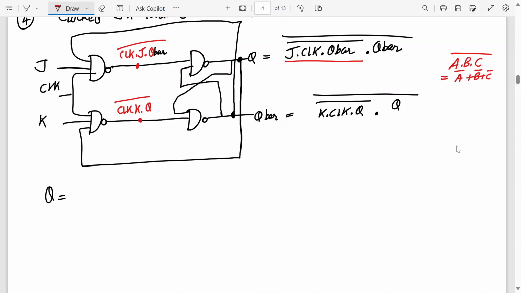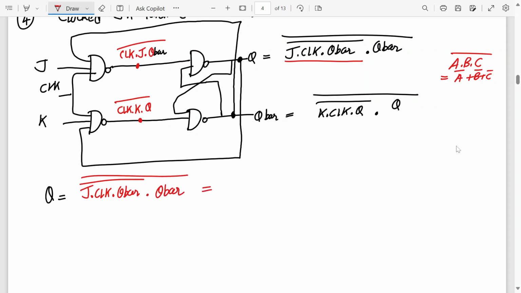So here it will be J dot clock dot Q bar, the whole bar, into Q bar, and that also whole bar.